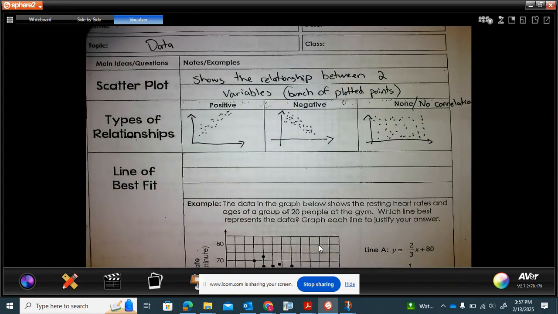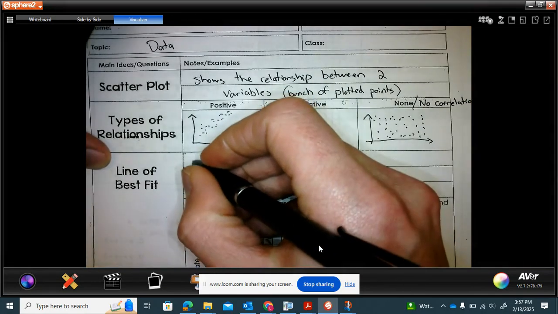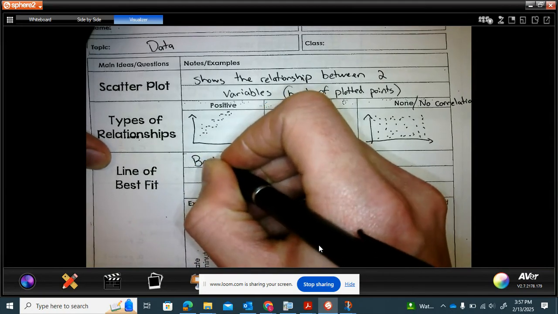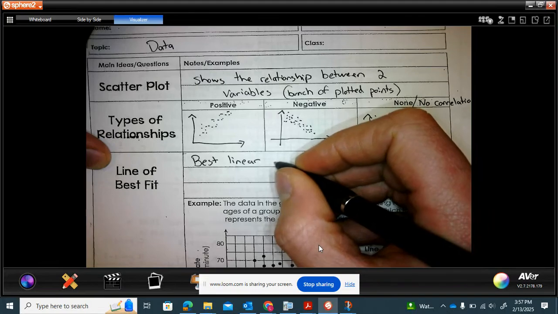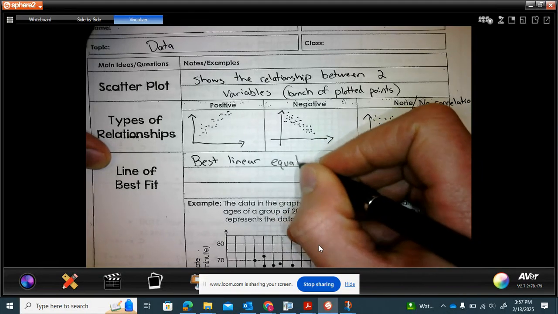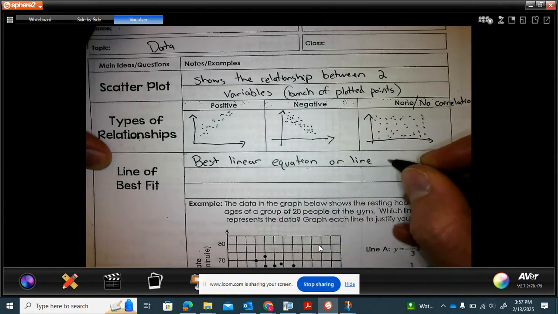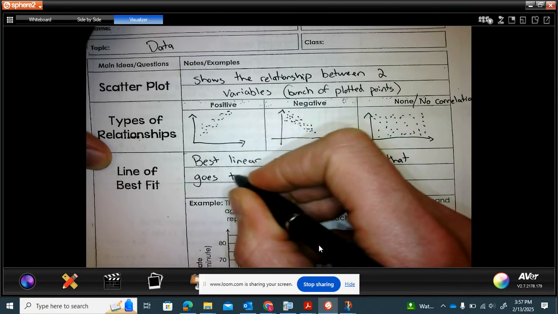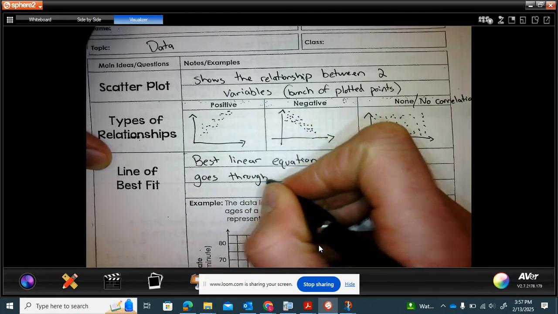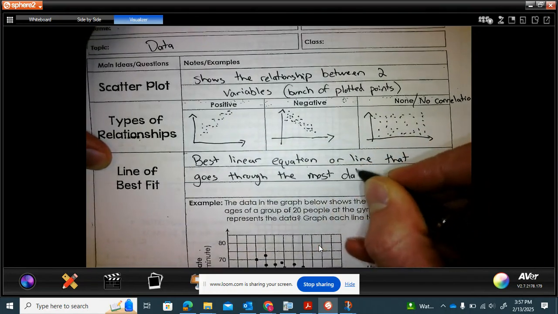So then you have the line of best fit. The line of best fit is basically the best linear equation or line that goes through the most data points.